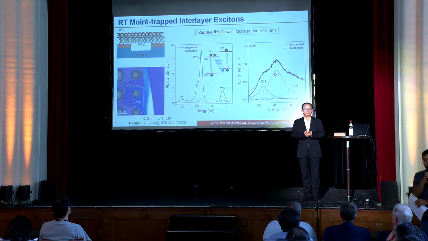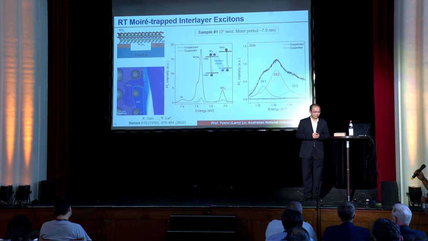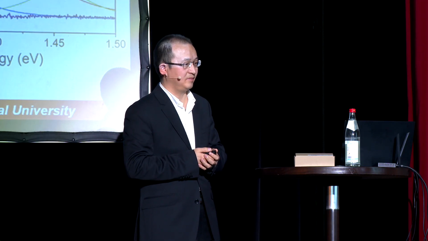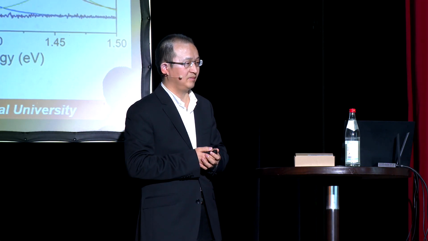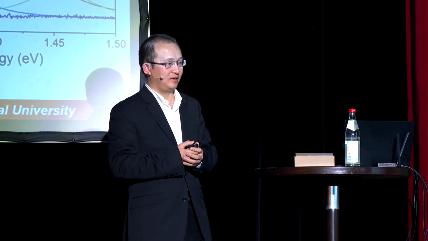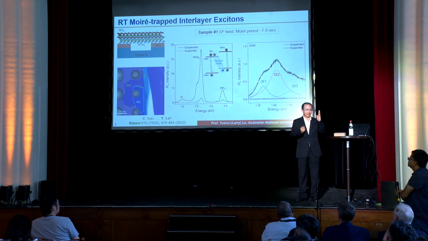Other questions? I also have a question about the geometry. I might expect that at geometries like this, you have a significant amount of strain present. Is this a concern? Yes, that's a very good question. In this freestanding structure there might be some strain, but we did a Raman mapping to track the Raman peak from those monolayer structures.